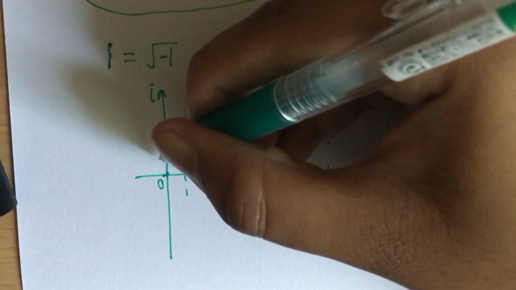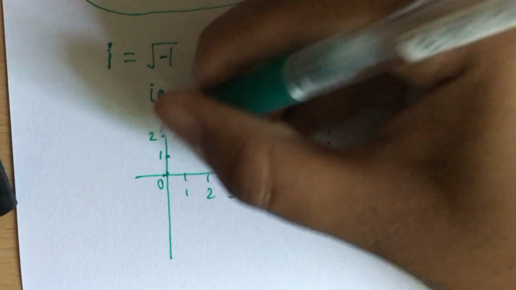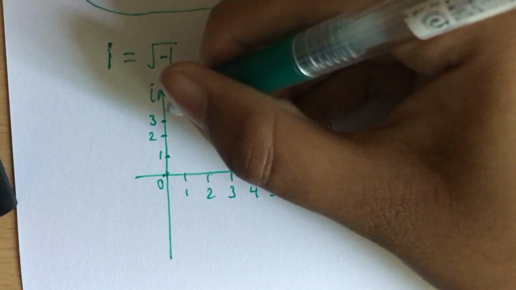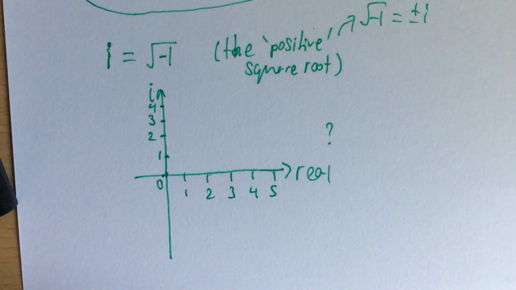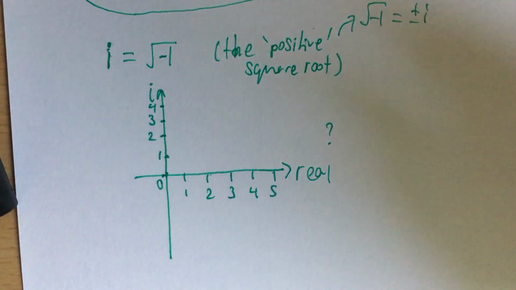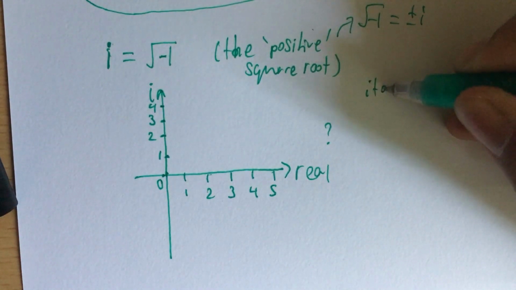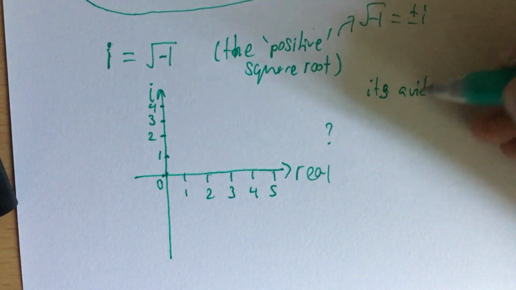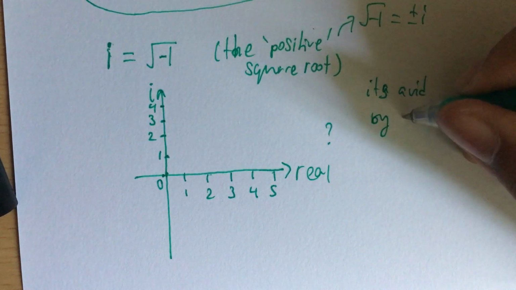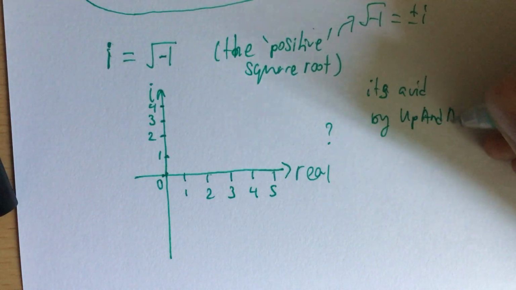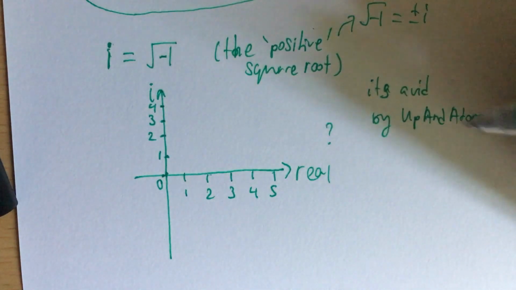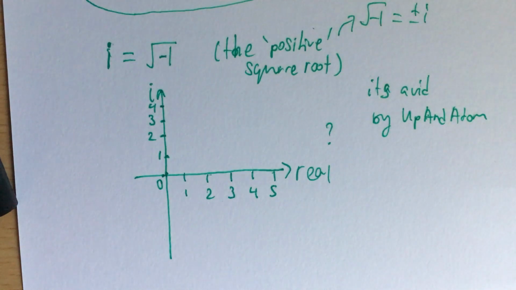But the real reason why it's represented like that, I believe it was mentioned in one video. I kind of forgot, but if I remember to put the link, I'll put the link to that. The idea is that it has something to do with the formula e to the i theta equals cosine plus i sine.